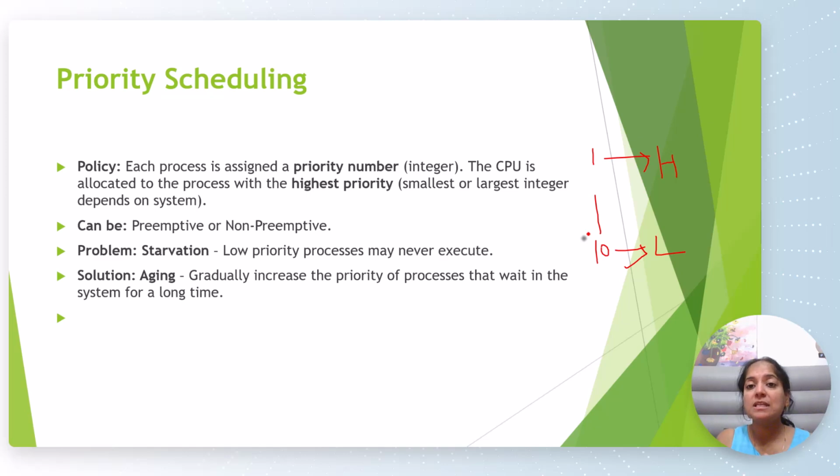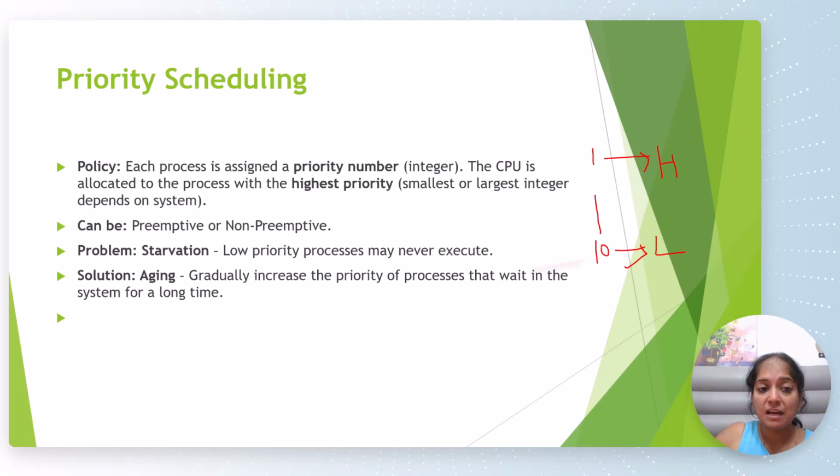Once a process is given to the CPU, if the CPU cannot be taken off until the process completes, then it is non-preemptive. But if a process is executing and a higher priority process comes in, we stop the current process and load the new higher priority process. In that case it becomes preemptive scheduling.